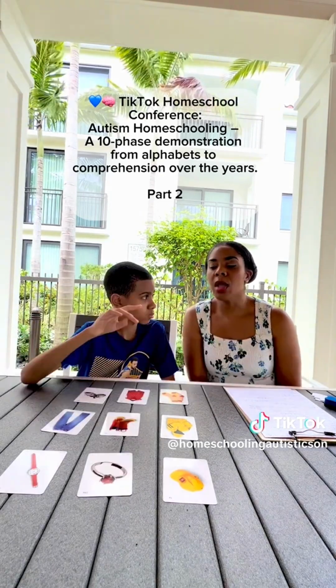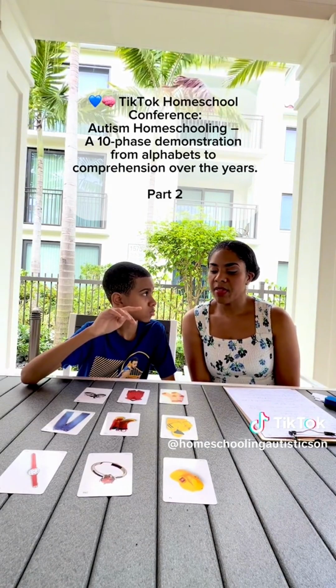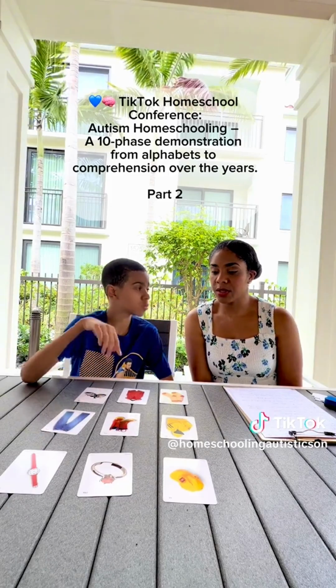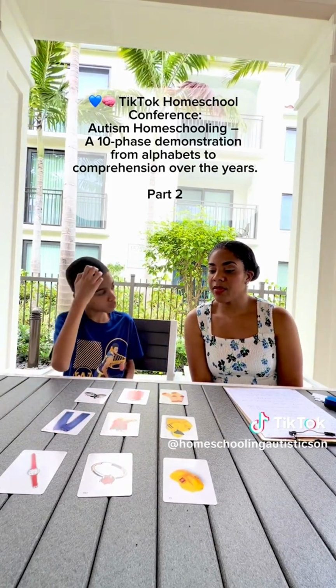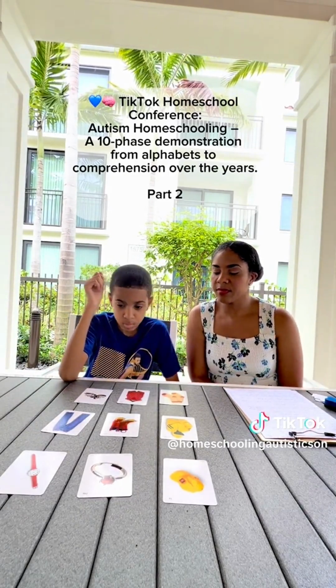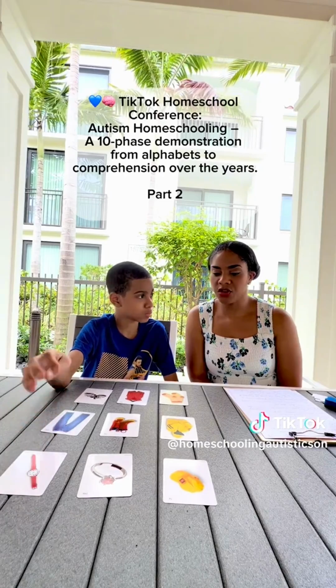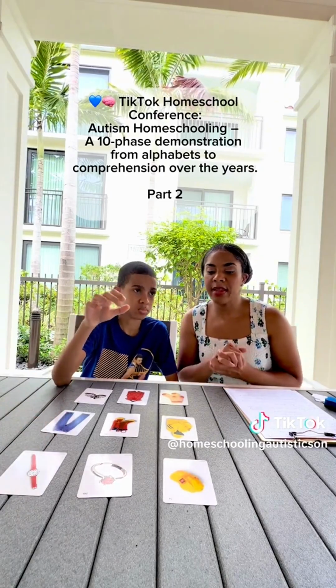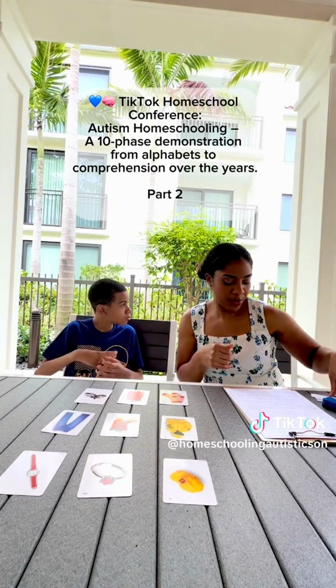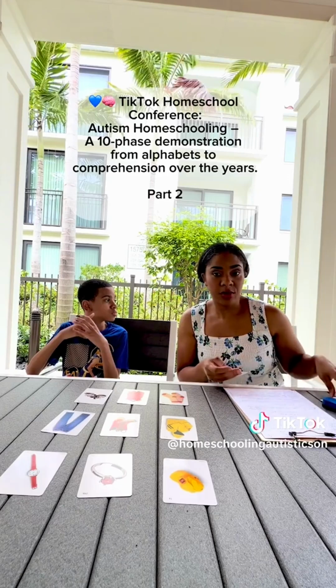Once you've gotten to the point where you're modeling, now you're going to start asking them to point to the item that you wear on your feet. Shoes. Point to the item that you wear on your wrist. Watch. Once they can do that, now you're going to start incorporating the words.